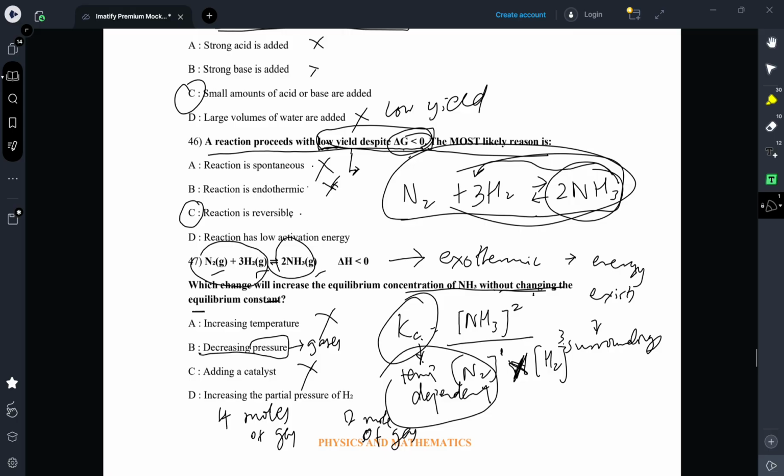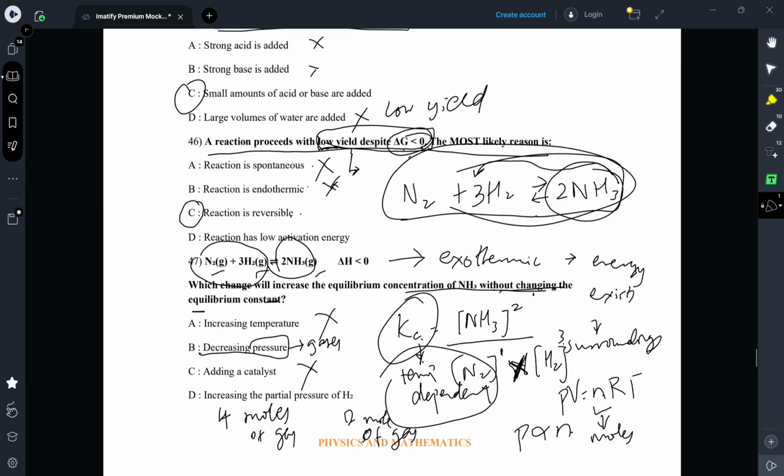So we learn PV is equal to nRT, where n stands for the number of moles. The number of moles is directly proportional to the pressure. So the more moles we have of a gas, the more the pressure will be. Here on this side there are 4 moles, so we have more pressure, and here we have less pressure.